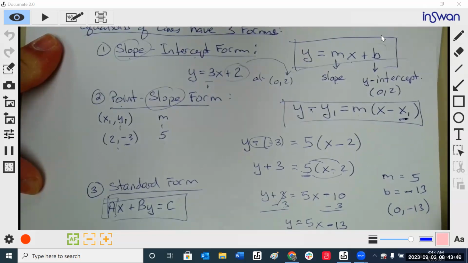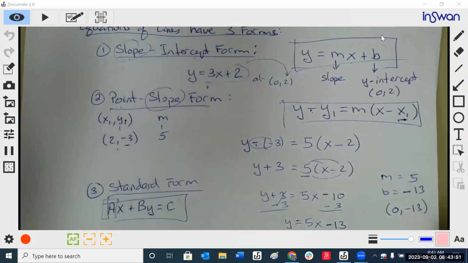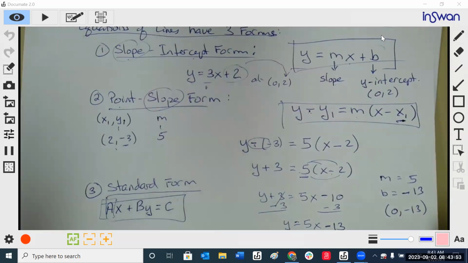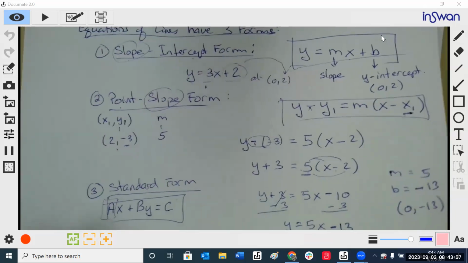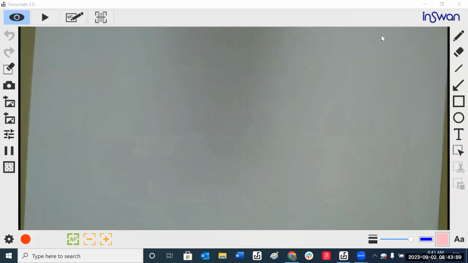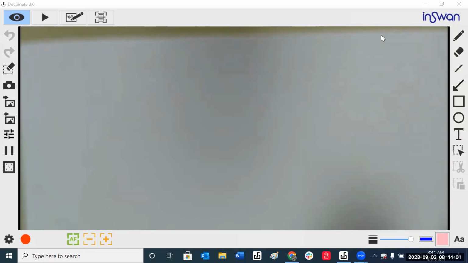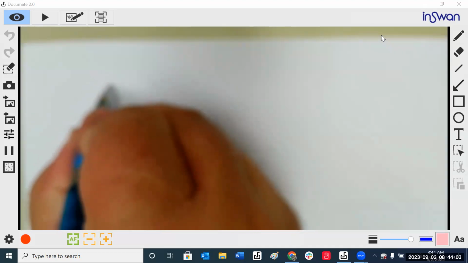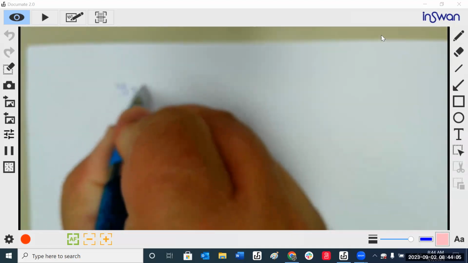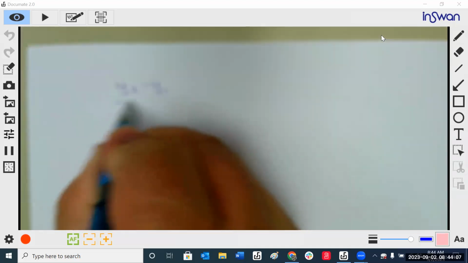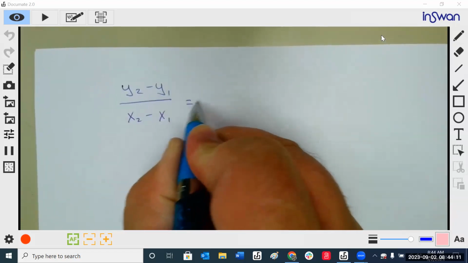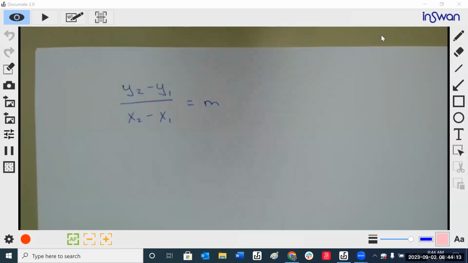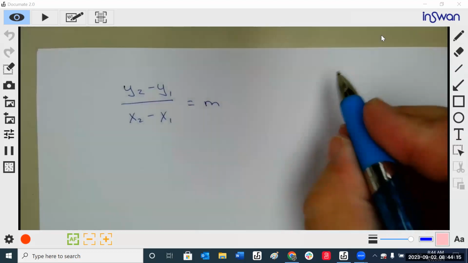Let's go ahead and start with the slope equation, and then we'll derive it, and then we'll do 2 or 3 pages worth of examples. So we know that the slope equation is y2 minus y1 over x2 minus x1 equals the slope, right? The slope equation.